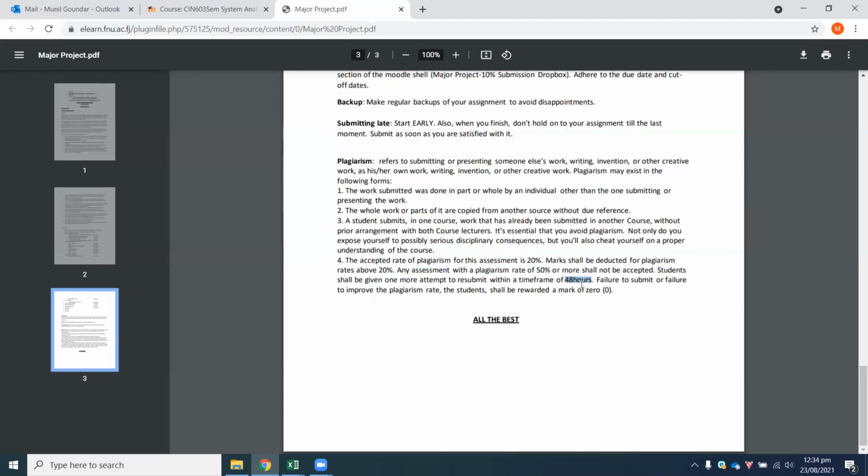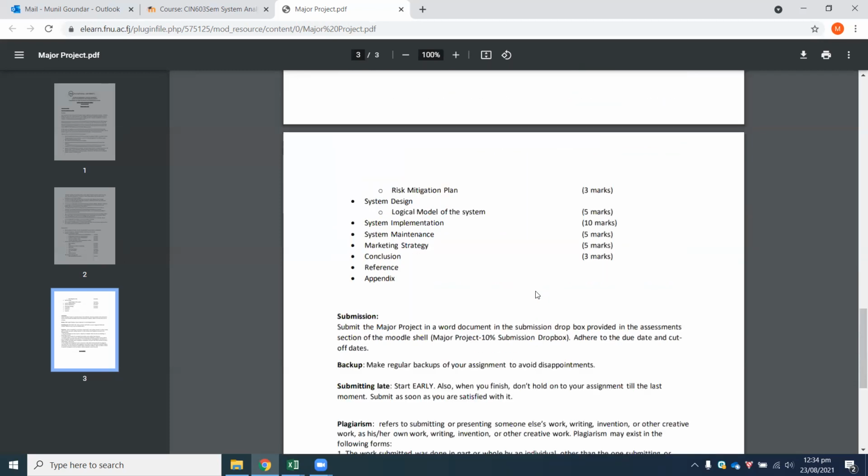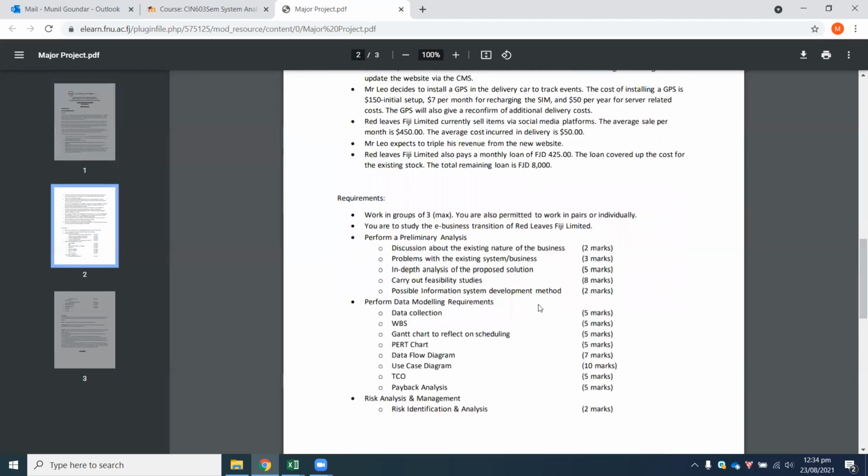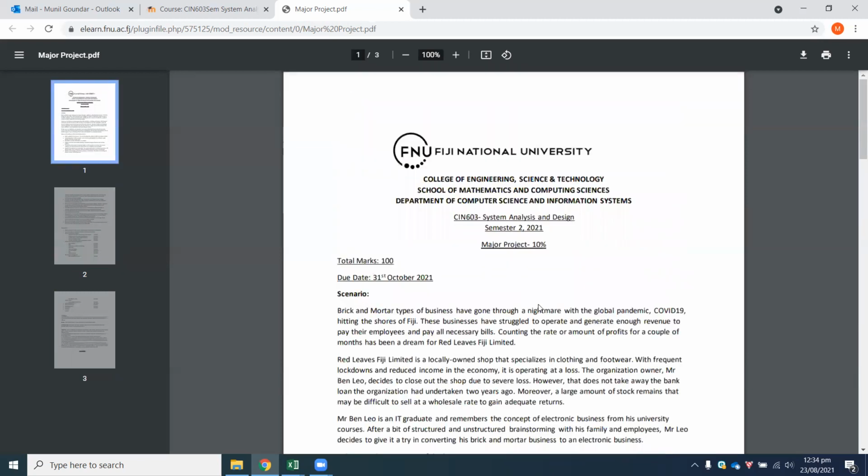Failure to submit or failure to improve the plagiarism rate, the student shall be awarded a mark of 0. Okay, so this is how your assessment will be, and this is a proper theory-based assessment that you should start expecting in all your level 6 and above courses. Okay, so yeah, any questions, any queries, anyone?